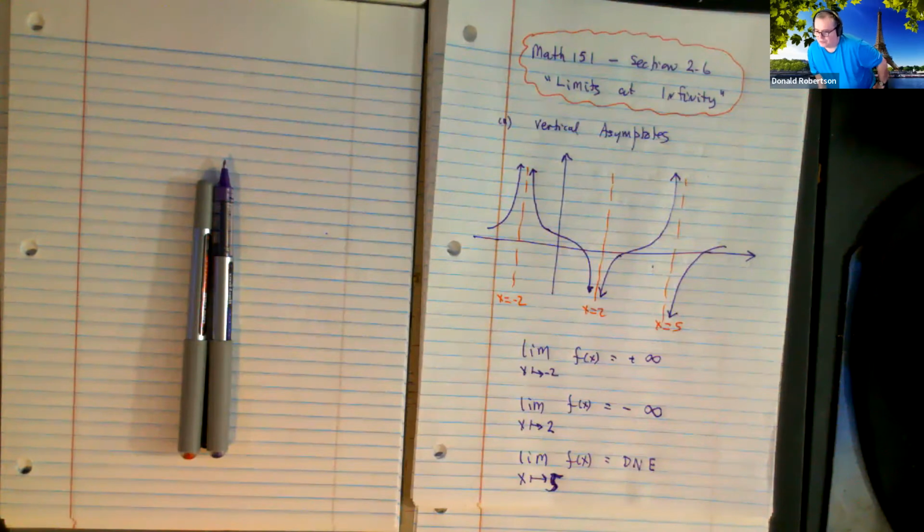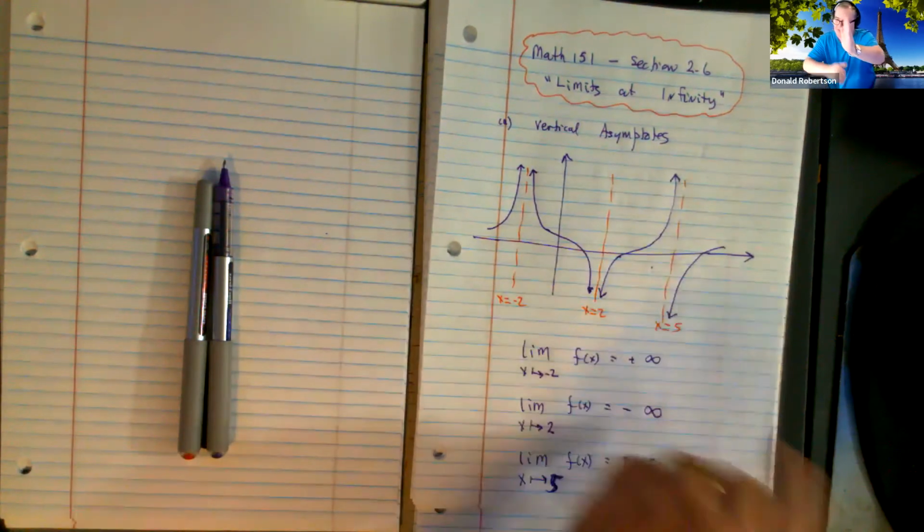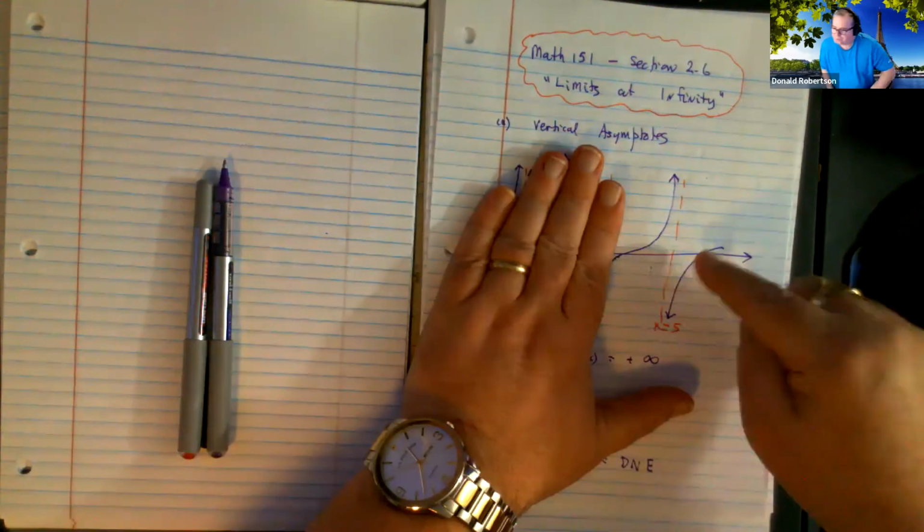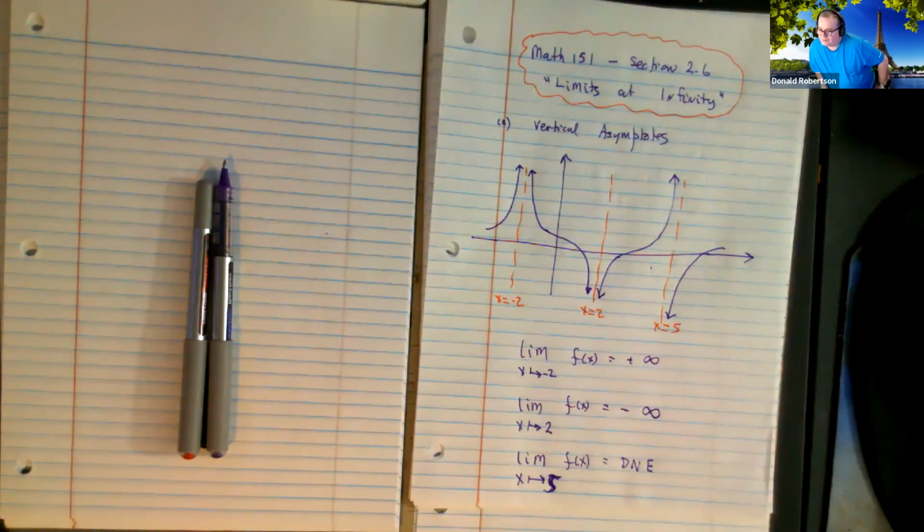There are labels to help you. Now, this one here, where one goes up and the other goes down, I call them one of each. So if I say I've got a vertical asymptote and it's one of each, I'm talking about something like that, or the other way, down and then up. We good?